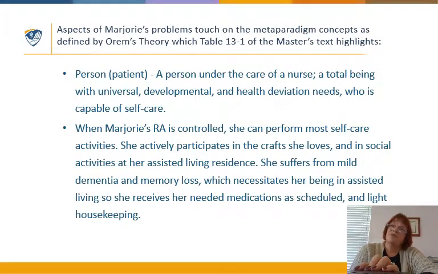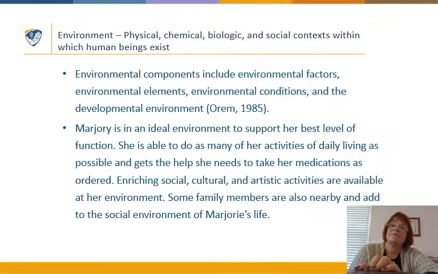When Marjorie's rheumatoid arthritis is controlled, she can perform most self-care activities. She actively participates in the crafts that she loves and in social activities at her assisted living residence. She suffers from mild dementia and memory loss, which necessitates her being in an assisted living so she can get her needed medications when they are scheduled and not forget to take those. She also needs some light housekeeping help.